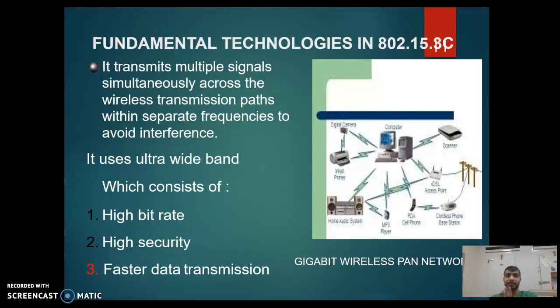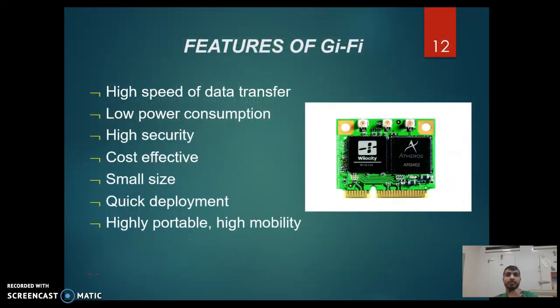It transmits multiple signals simultaneously across the wireless transmission path within separate frequencies to avoid interference. It uses ultra-wideband, which consists of high bit rate, high security and faster data transmission. So basically, the gigabit will use a high bit rate transfer from one device to another, with security and faster data transmission.